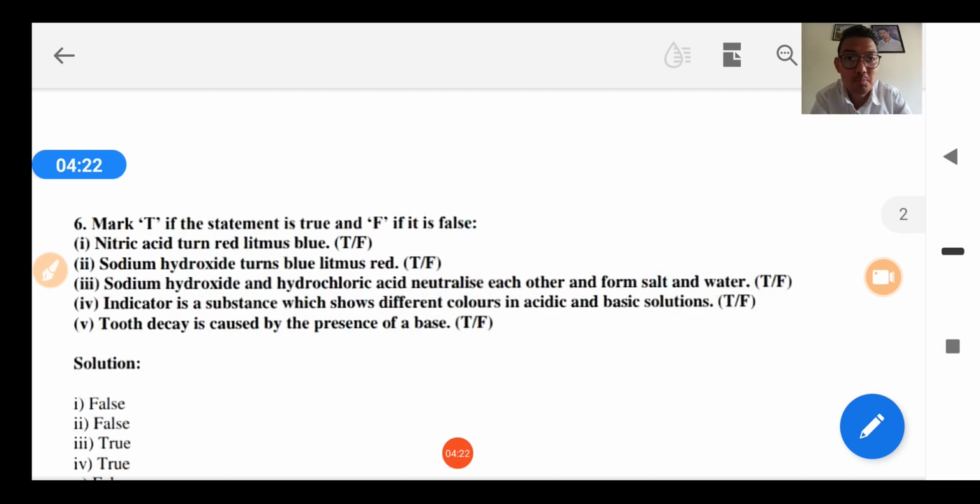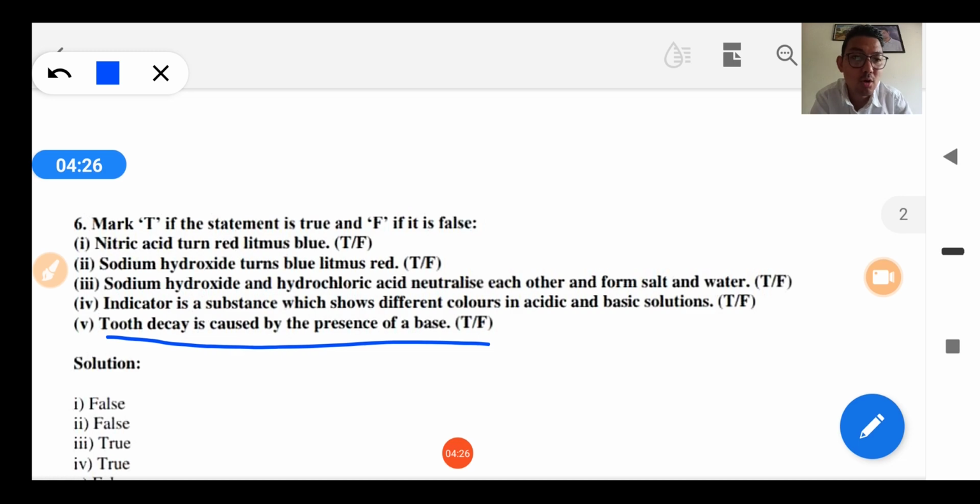Question number 6, part 5, tooth decay is caused by presence of a base. Okay, so this is false again, and to know the concept behind it you should know how tooth decay actually takes place. What happens is, when we take food, the food particles get stuck in between our teeth, then on these food particles microbes grow.